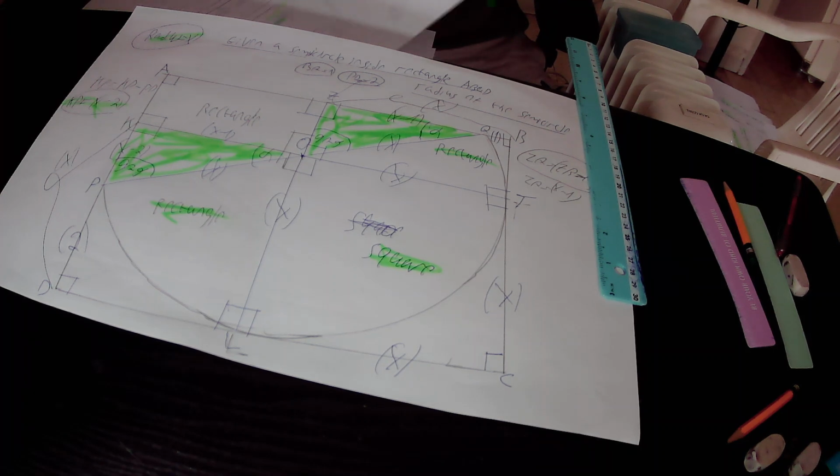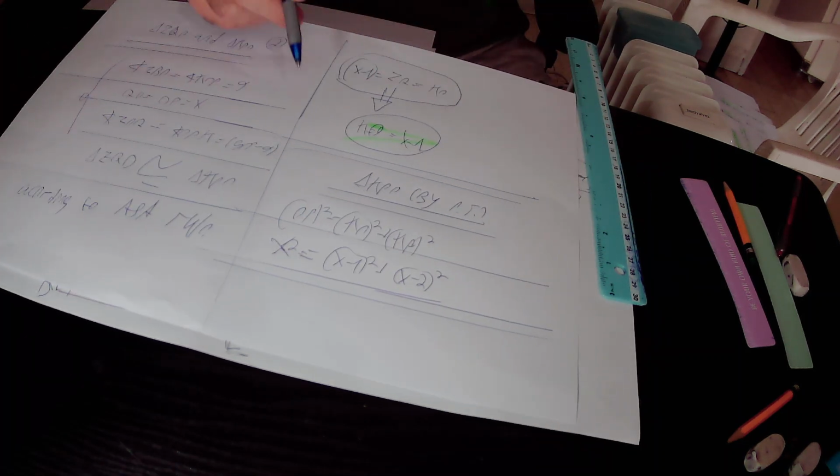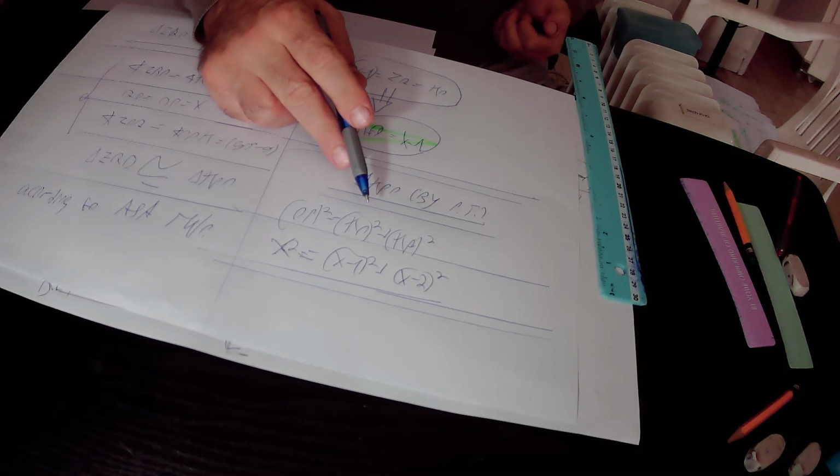So in total we found that x squared equals (x minus 1) squared plus (x minus 2) squared.